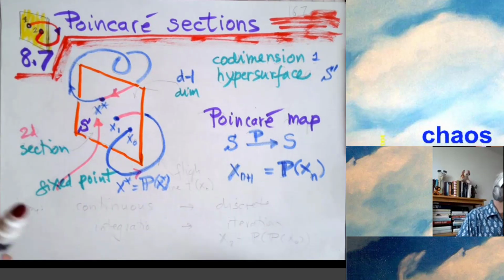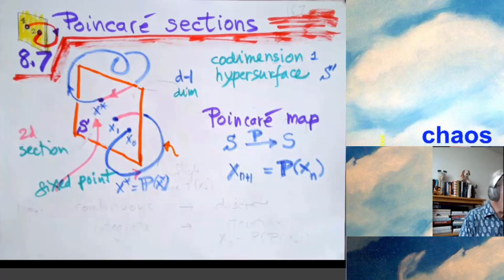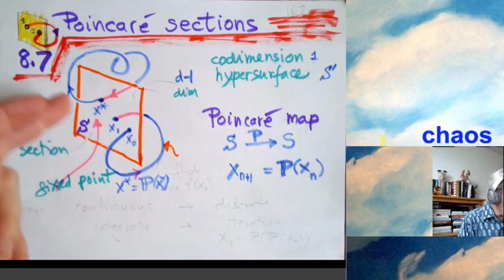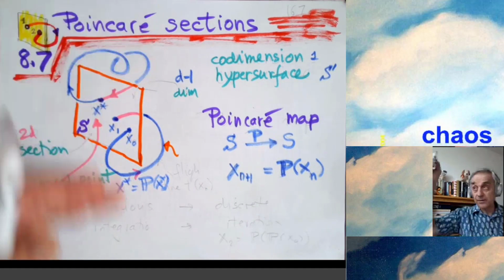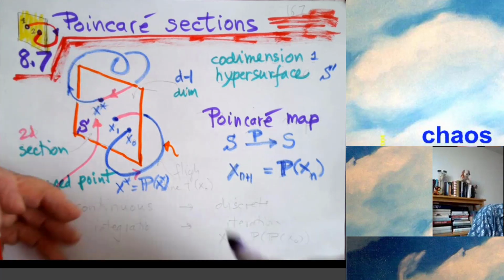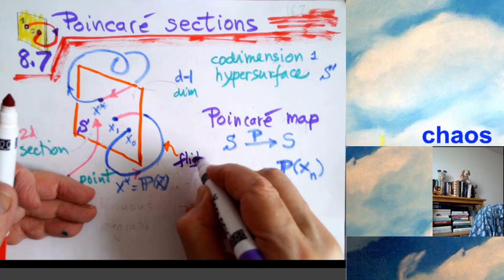And there is an important detail here. Starting any place in the space, you know, it might take you a minute to come back, or it might take you 7 minutes because you go someplace, do something complicated, return. So there is an important notion that comes here, which is called flight time.